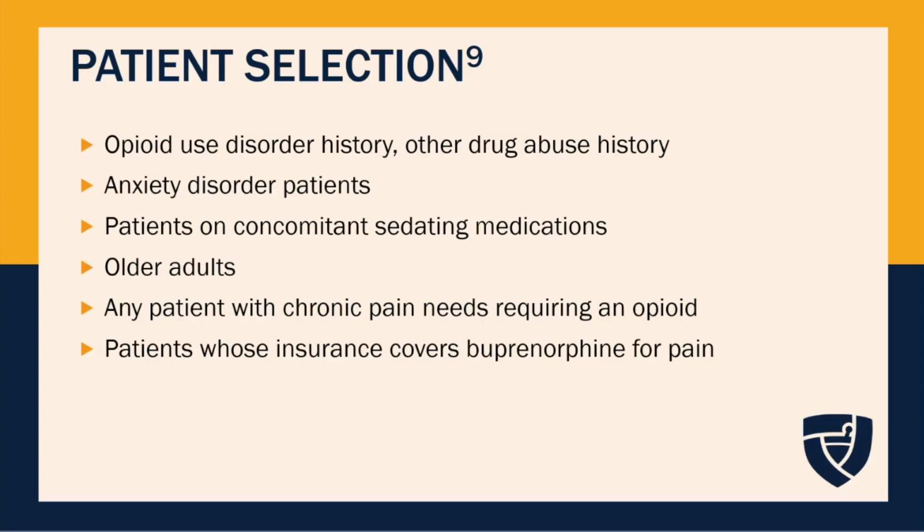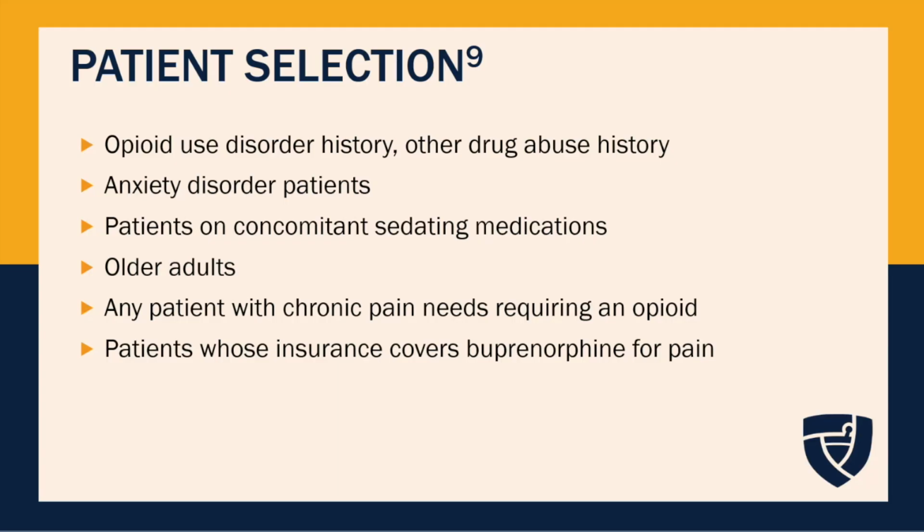So what patients would we want to maybe use buprenorphine in? Those with an opioid use disorder history or other drug abuse history have been recommended because, again, it has far less of those addiction impacts and effects. It's also been shown to possibly help those with anxiety disorders. Patients on concomitant sedating medications, again, less opioid adverse effects in the CNS then leads to less overall sedation in those patients.